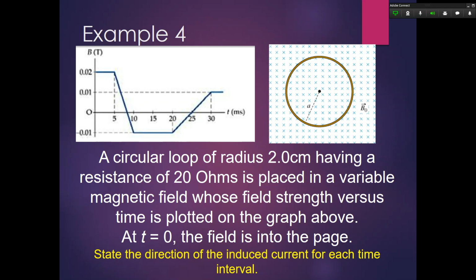And that's all the voltage induced, which is divided by resistance. You divided by resistance, which is 20 ohms. What do you get?